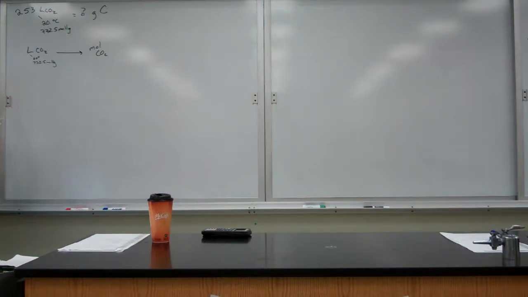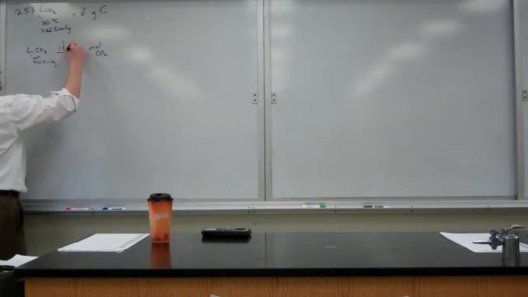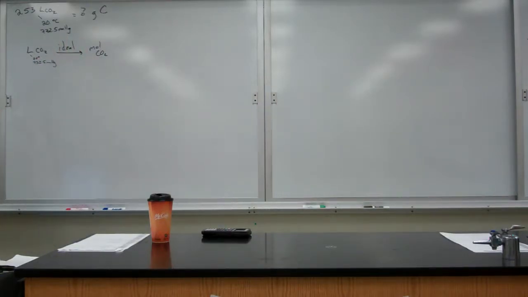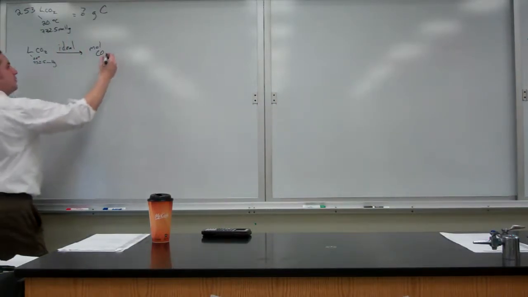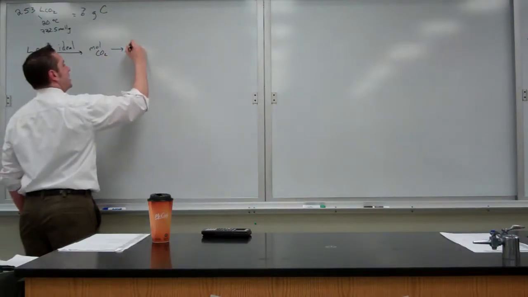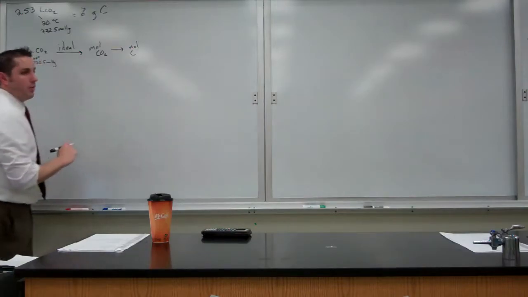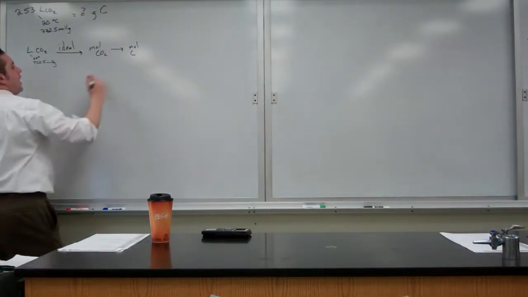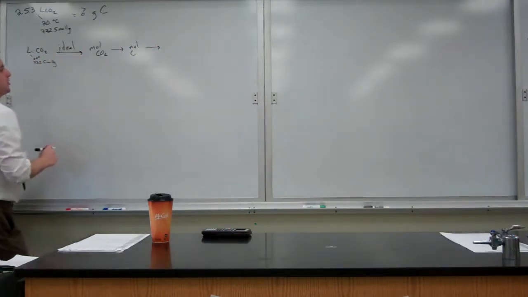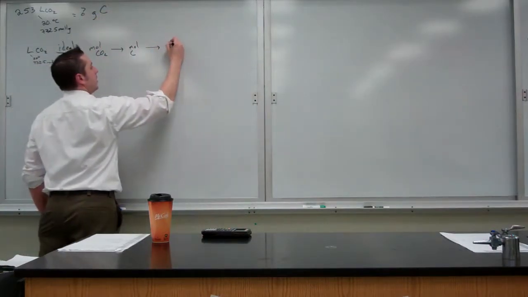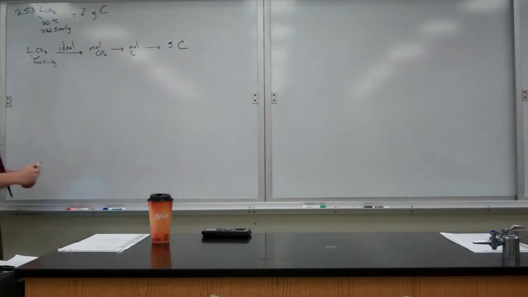Because CO2 is not at STP, the easiest way to do that is using the ideal gas equation. Once I'm into moles of CO2, I change identities, moles of CO2 into what I want, which is moles of C, and then moles of C into what we're looking for, grams of C.